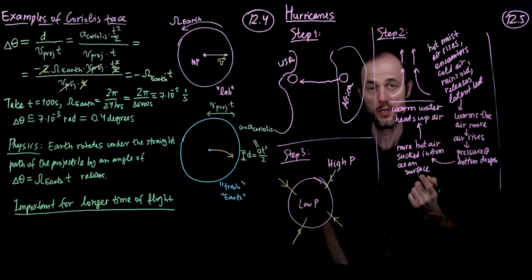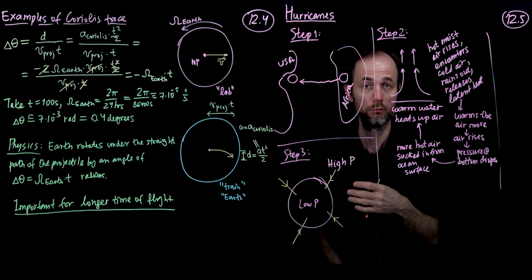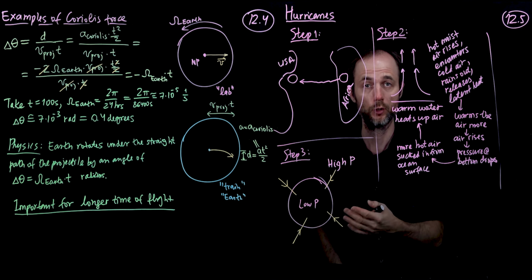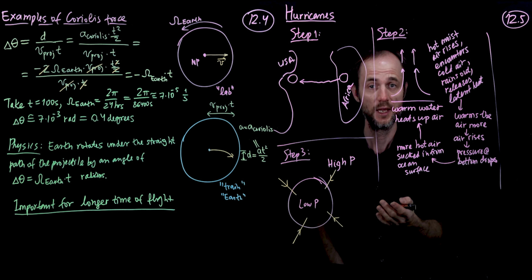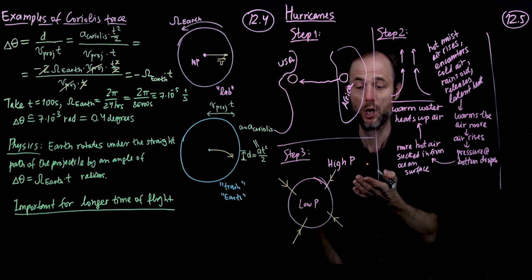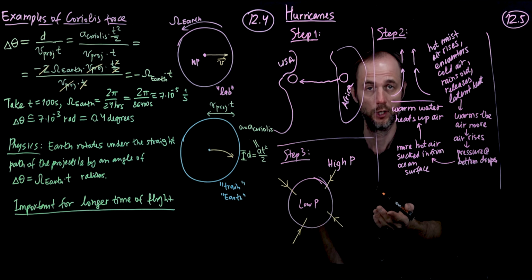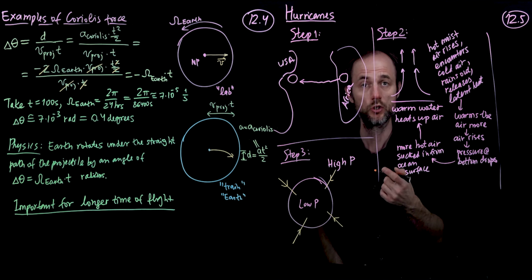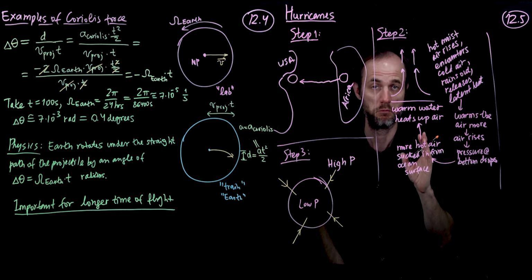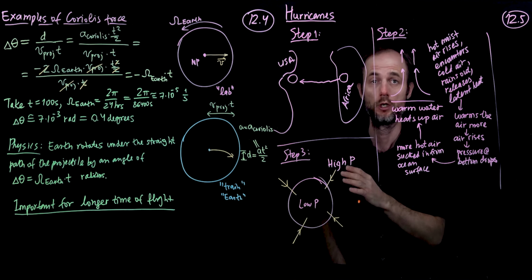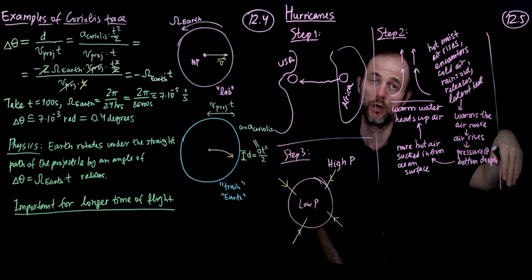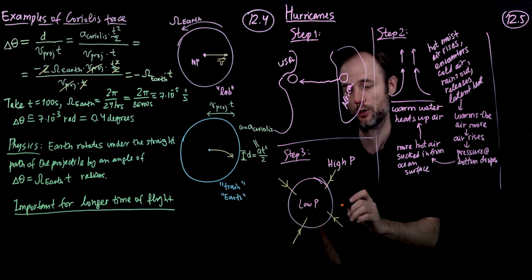But because we are living on Earth, hurricanes occur on Earth, and Earth rotates, that means that these trajectories will be curved. And as we've seen, the trajectories are curved to the right. Like on the North Pole, trajectory curves to the right. So here, trajectories will be curved to the right as well.